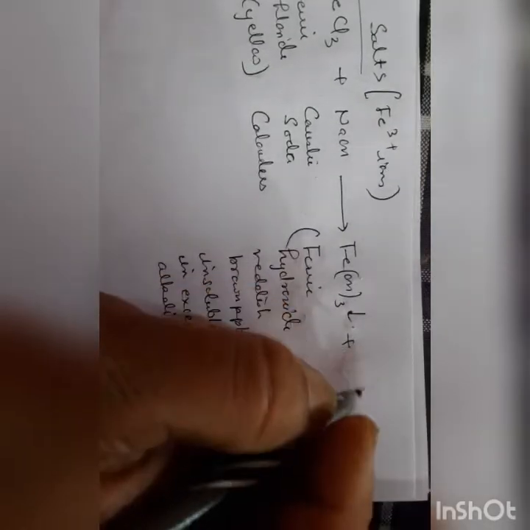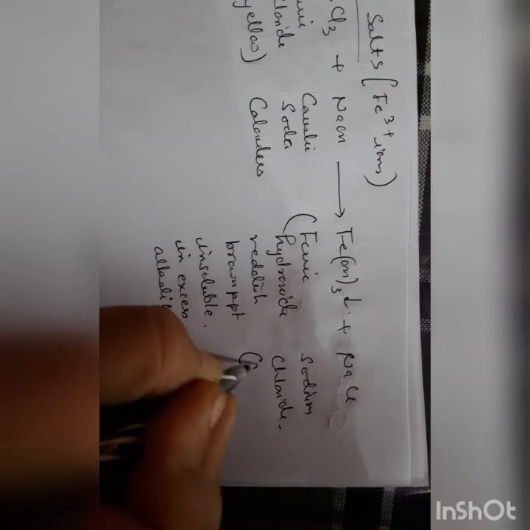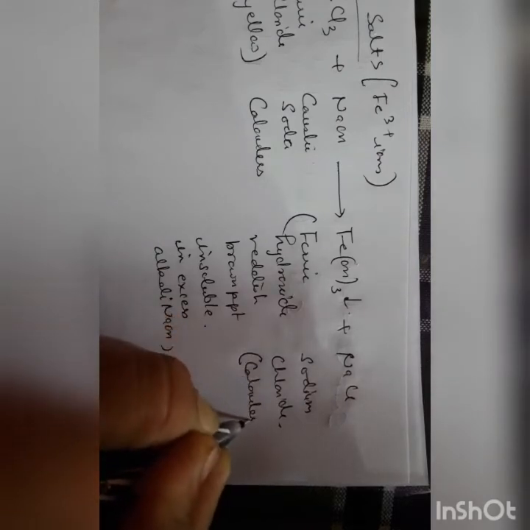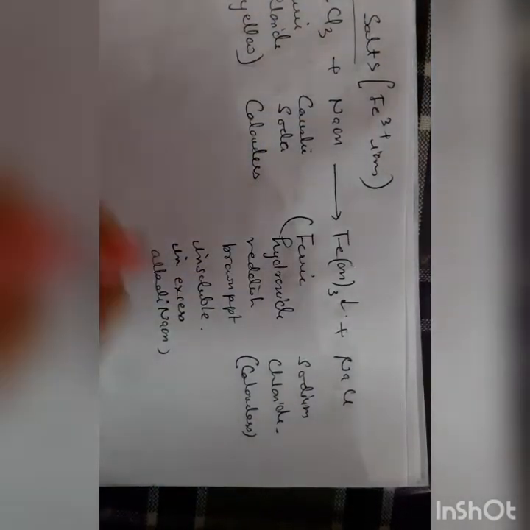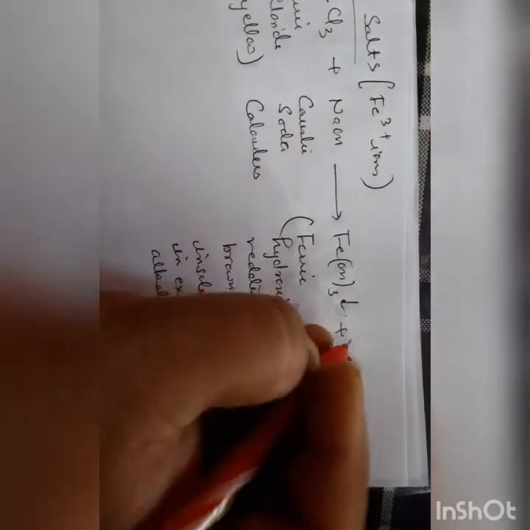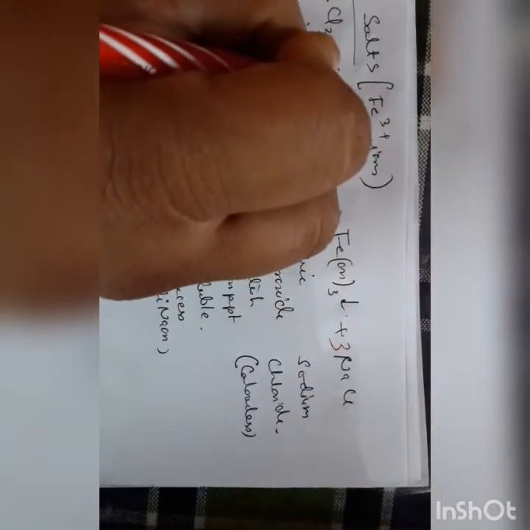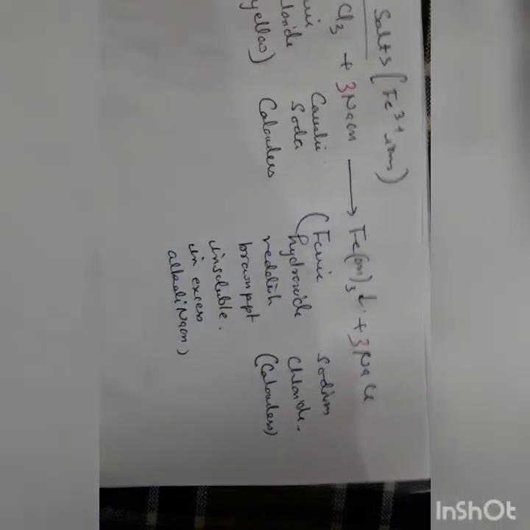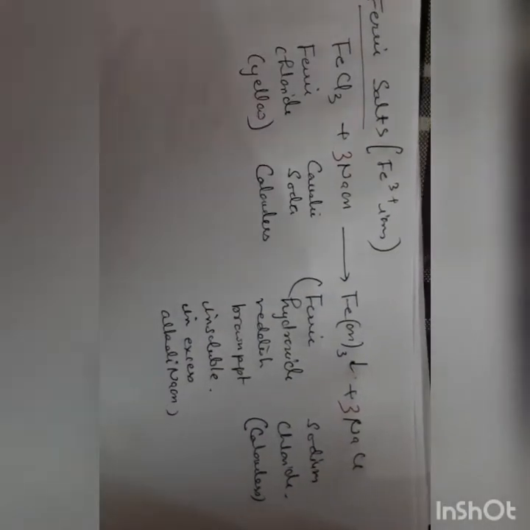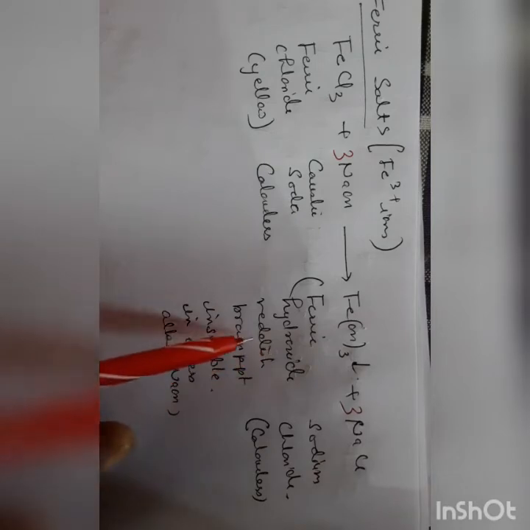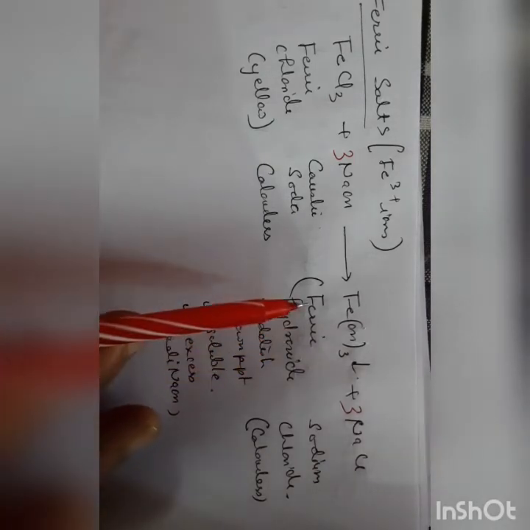In addition to it, we will get NaCl, that is sodium chloride, colorless. With ferric salt, we will get reddish brown ppt of ferric hydroxide, which is insoluble in excess alkali NaOH.